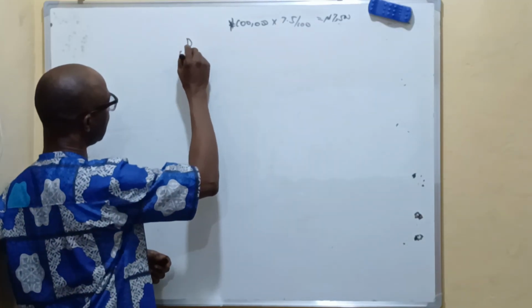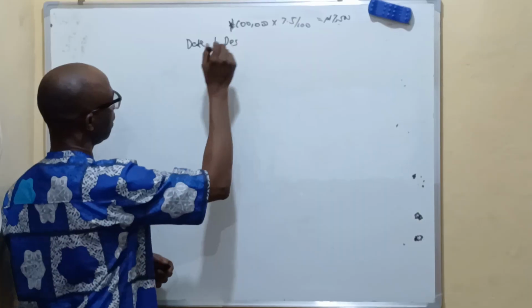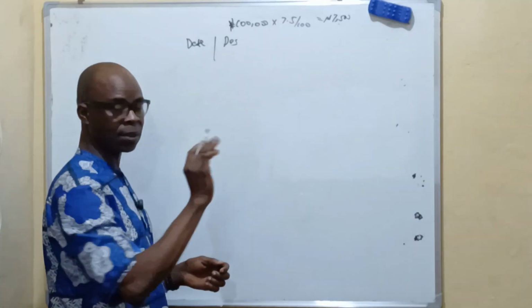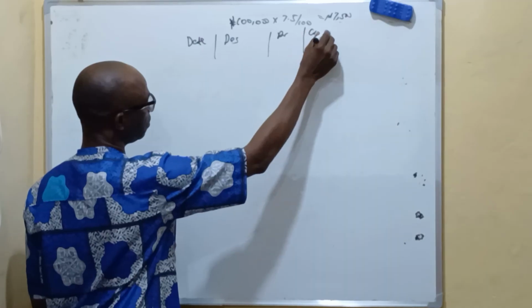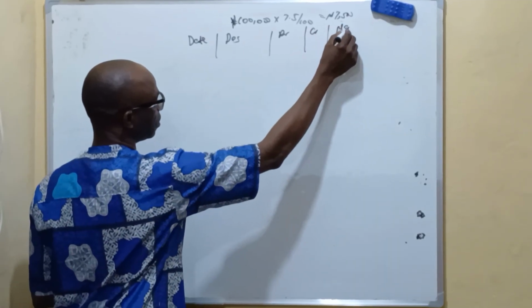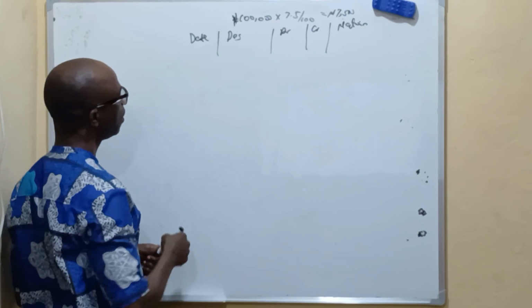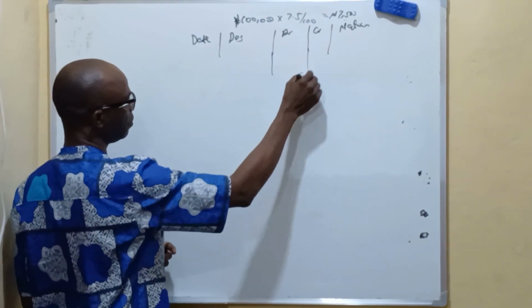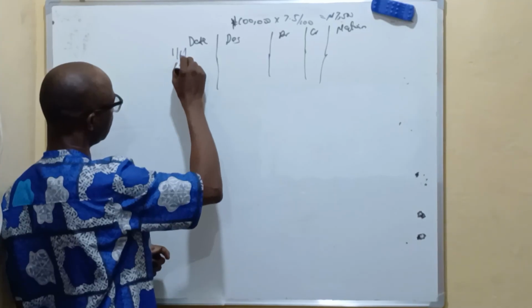First of all, you have the date and the description. Then we journalize it. We have the debit column, credit column, and narration. You can take it down. Then you add the date, the date of the transaction.